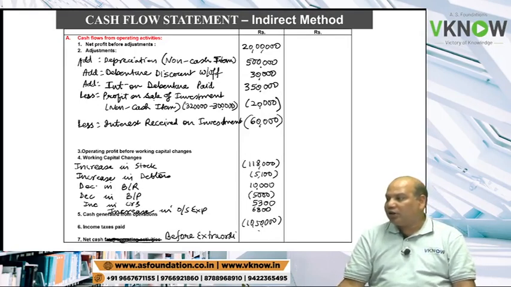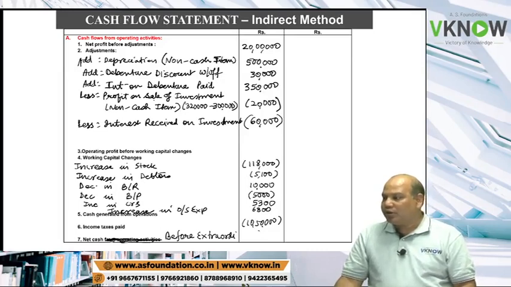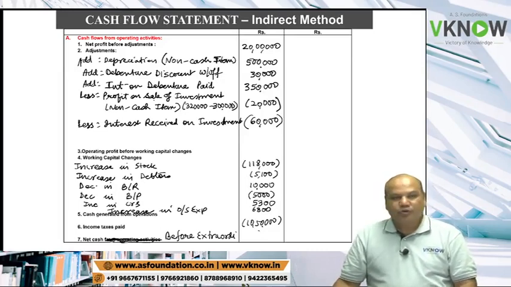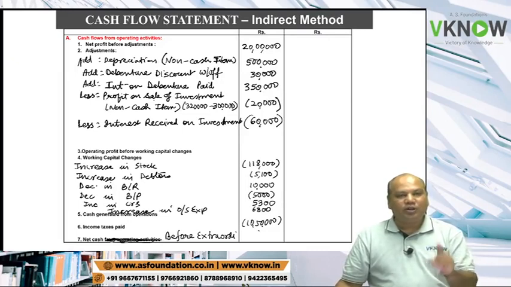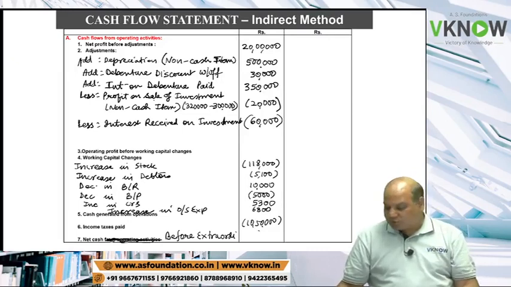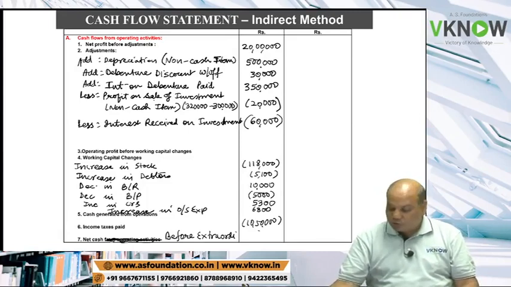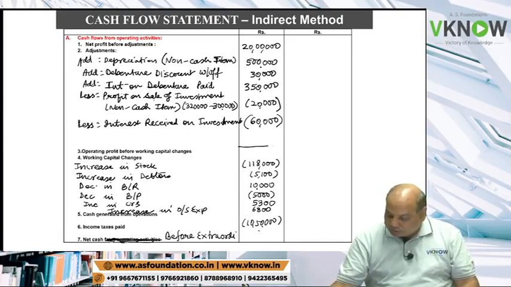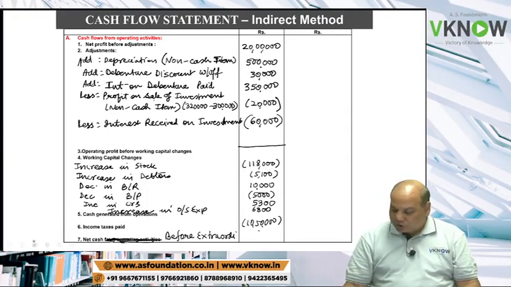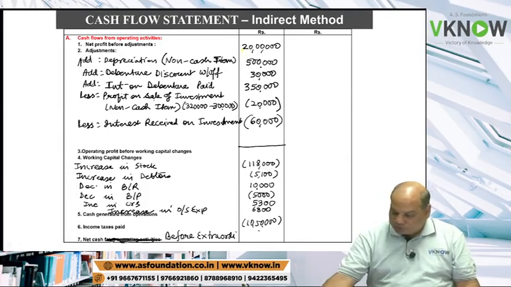Increase in current liability, increase in cash flow. So this is the end of the answer from our point of view. Now what remains is the closing ceremony of this question.